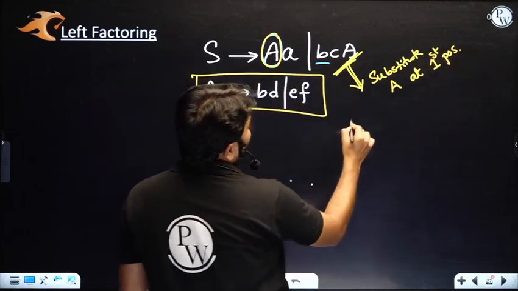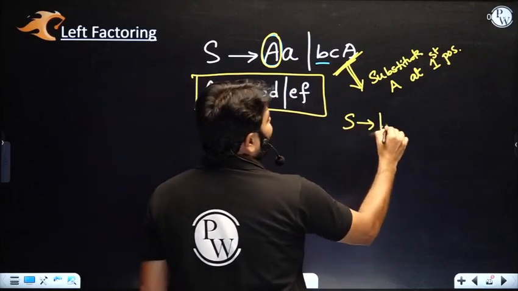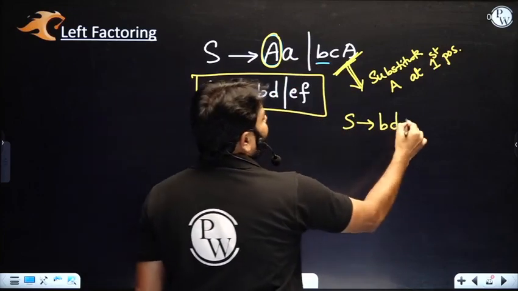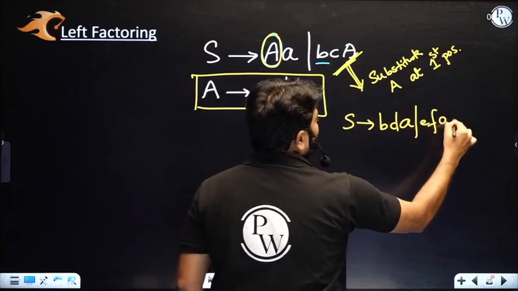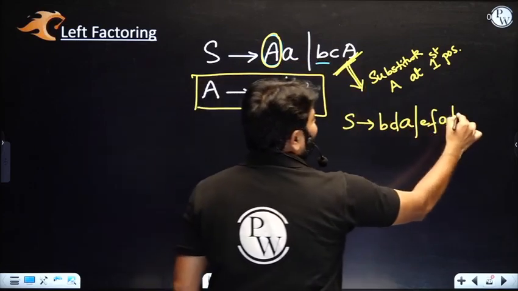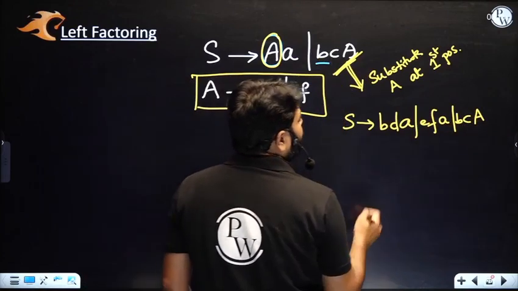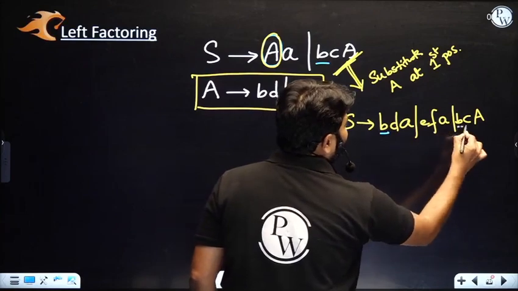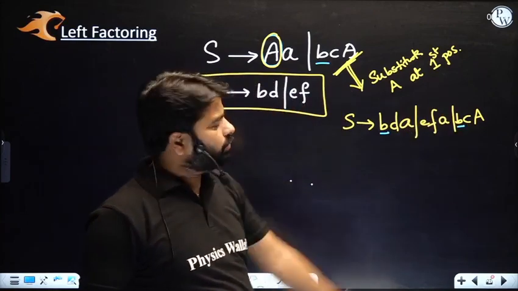What happens then? S derives B D A, A is already there, or E F A, or B C A. Now you see there is B here, there is B here, and the other production does not have a common prefix with the other two.